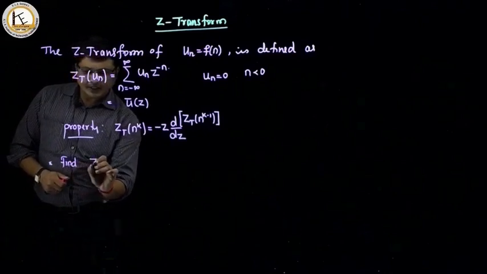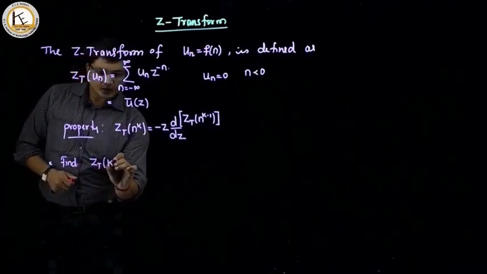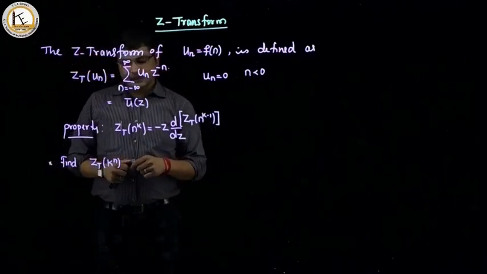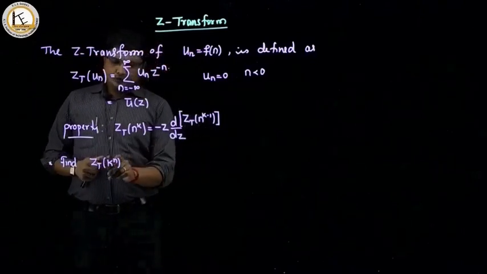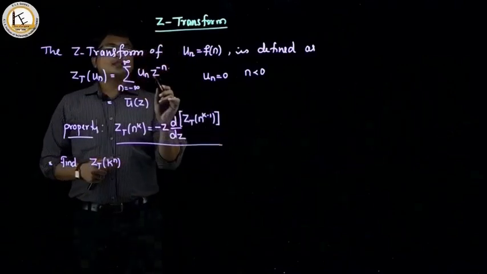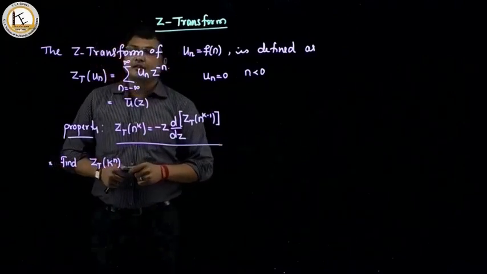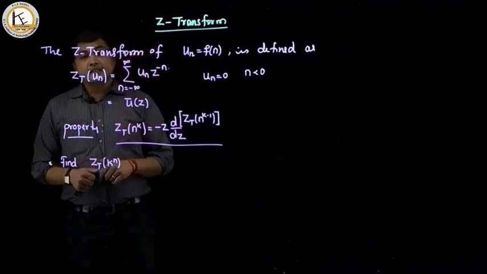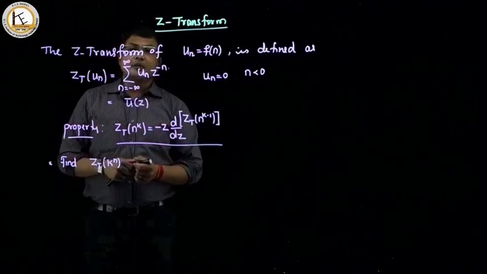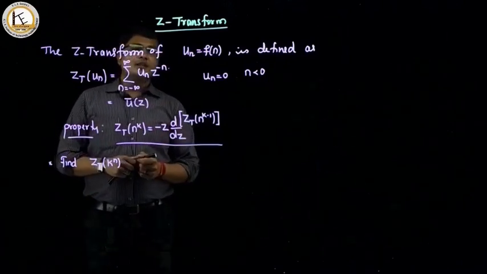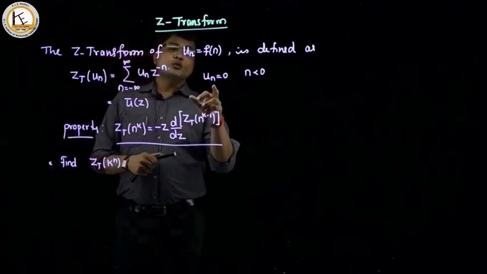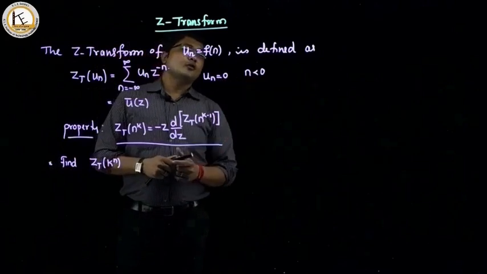So we start by finding the Z transform of k raised to n. Obviously, to find it we are not going to use this property first. We are going to use the basic definition of the Z transform, which is the Z transform of u_n equal to the summation from n equal to minus infinity to plus infinity of u_n into z raised to minus n.